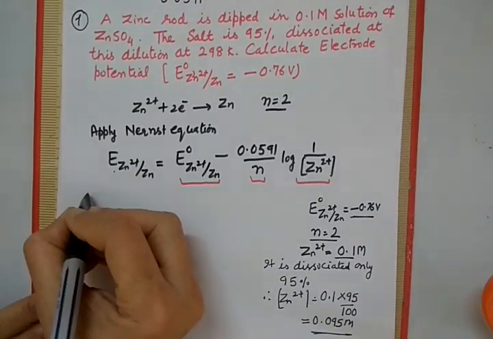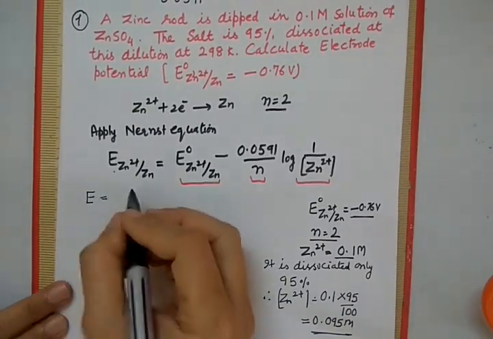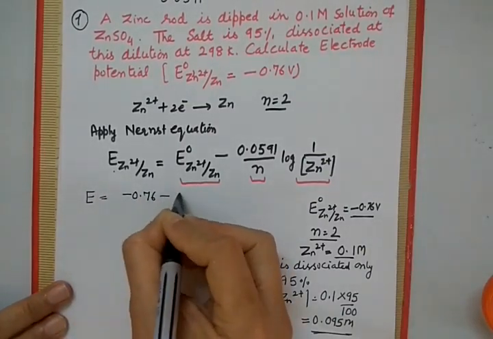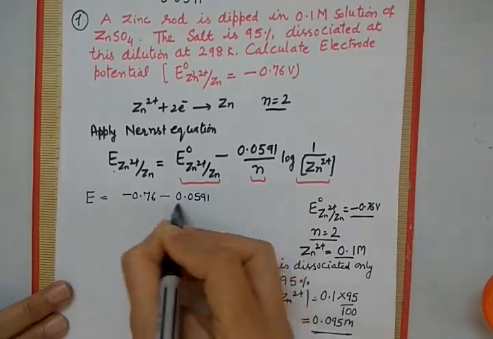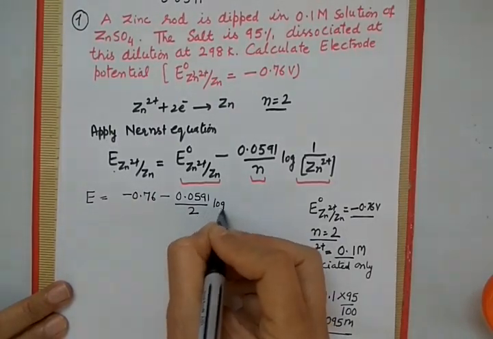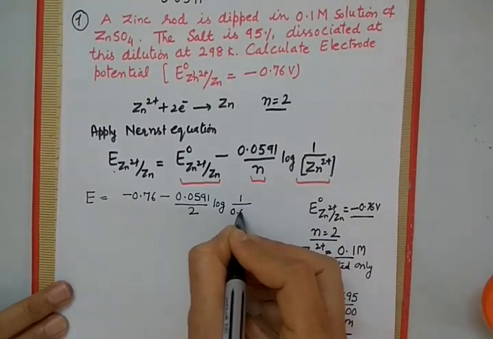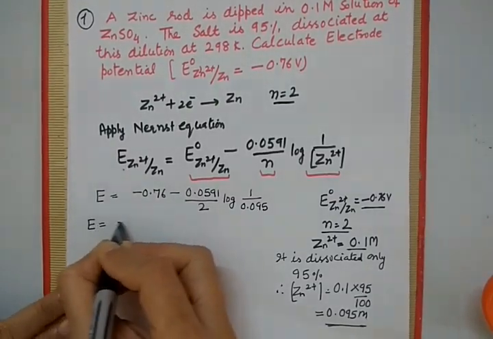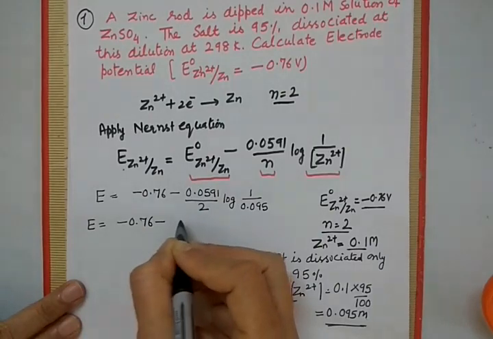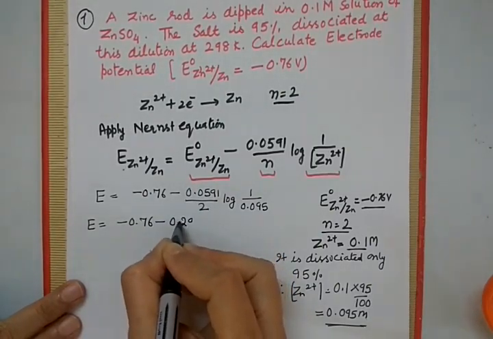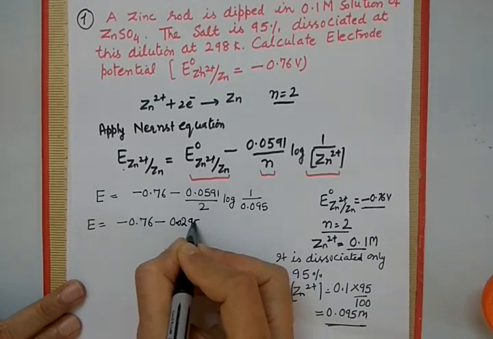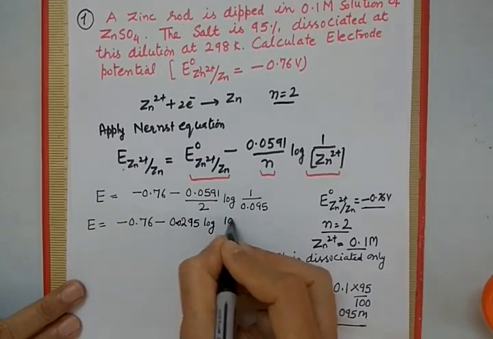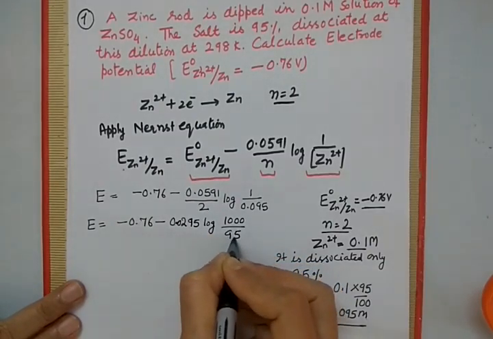We have to only substitute the values. So E will be equal to minus 0.76 minus 0.0591 divided by 2 log 1 over 0.095. Clear? So E will be equal to minus 0.76 minus 0.0295, we divided by 2, log, I can write 1000 over 95.